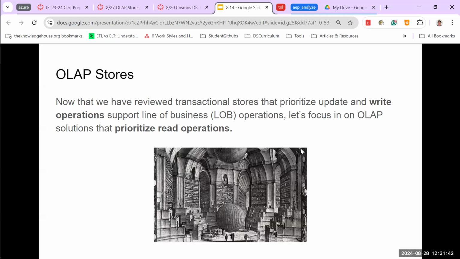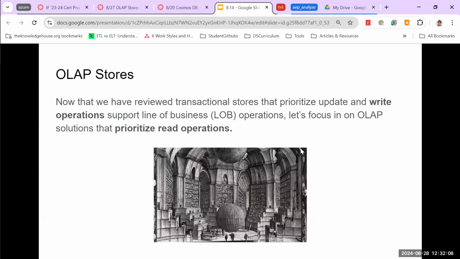So OLAP solutions, just as a reminder, don't focus at all on line of business operations, such as keeping track of events or customers. Instead, the only thing that we are worried about is read operations, which is analytics, right? In fact, you don't really need to create a database to perform analytical operations.